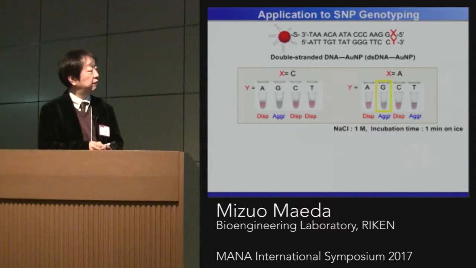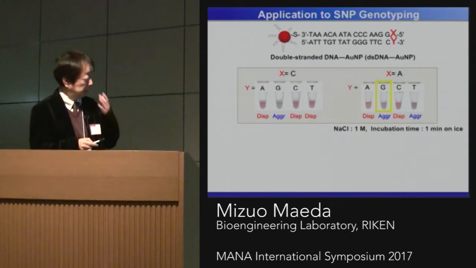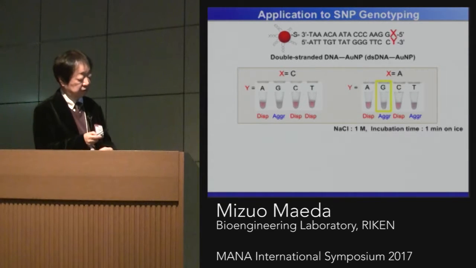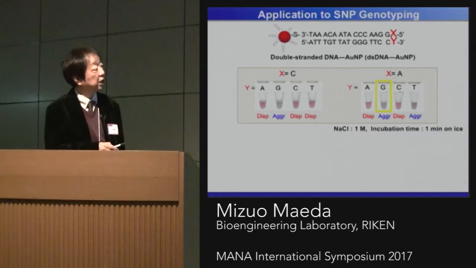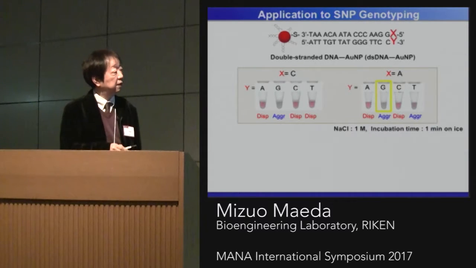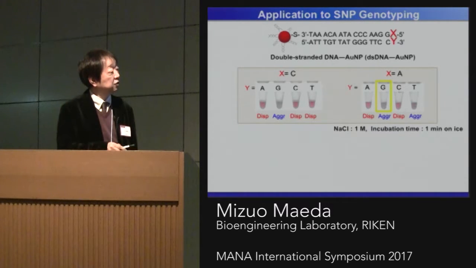For this purpose, this strictly recognizing behavior of the terminal structure to change the structure of colloidal systems would be good for application to SNP genotyping. But it was not true. In the case of X equal A and Y equal G and T, AT should change the color, but AG also changes the color.